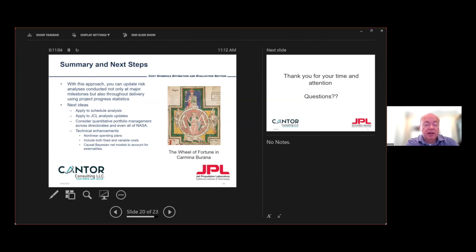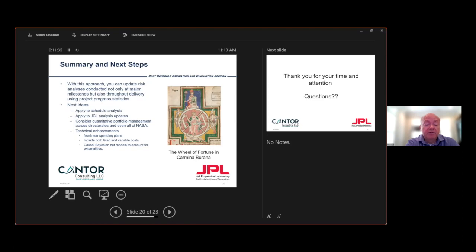The cost is largely based on parametrics, for example, and there may be some schedule updates. But now you want to make some updates, and you don't want to have to rerun this extensive JCL model, but you have some earned value data. So this type of technique can be applied to that. The mathematics still works, a little more complicated, but it's something that we plan on working on. It can be done to update JCLs by combining it with earned value data, without going back and just redoing a JCL analysis from scratch.